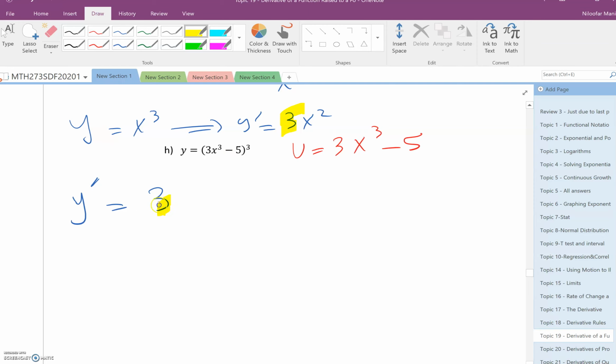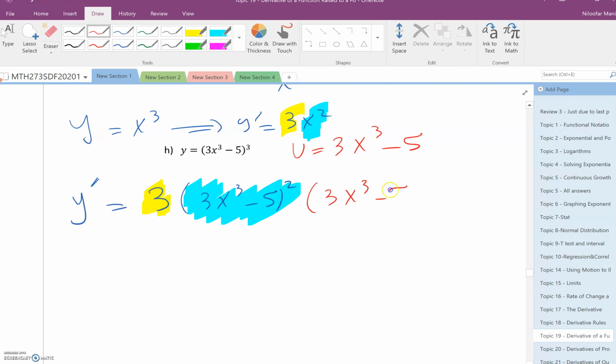Look at this. Instead of x, I put u squared. I told you I find the answer without u, and then substitute u, and then times u prime, which is derivative of inside. Now I have to continue.